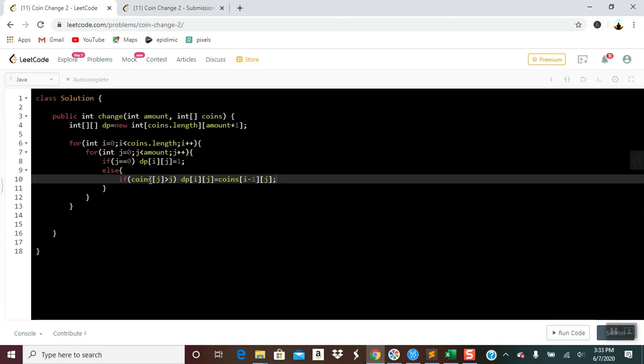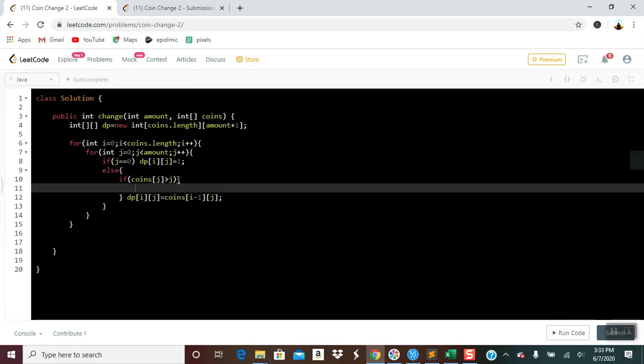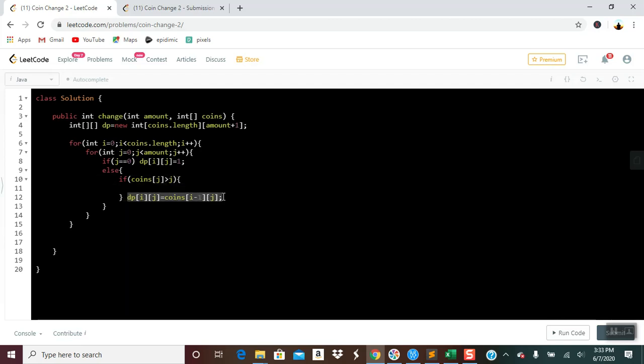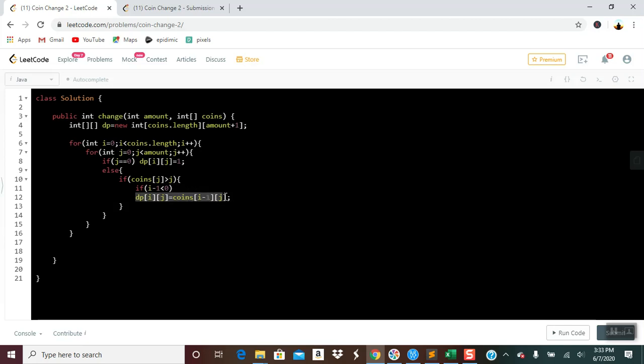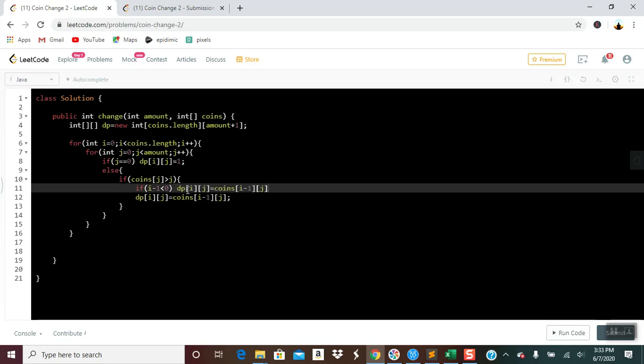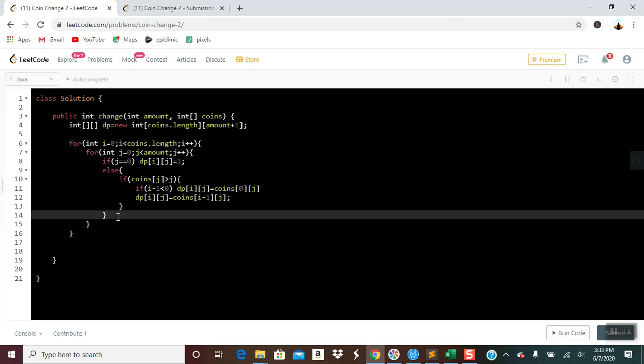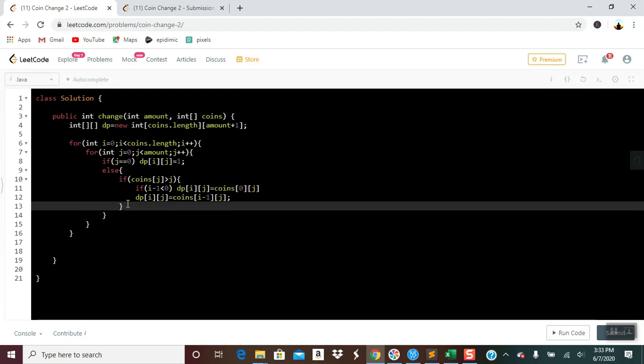Here actually one condition we need to check, whenever i minus 1 less than 0, and else.